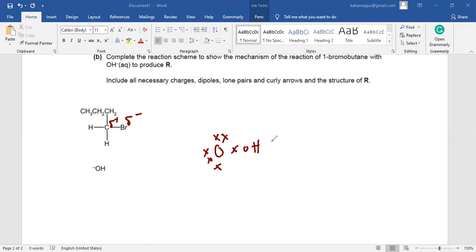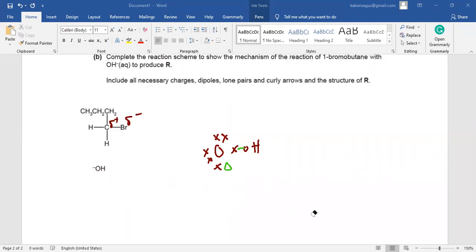H shares one electron to O, making a new bond between H and O. However, you notice here we have a lacking of electron, right? So that's why the -1 charge over here is basically additional atom from the other species, right?